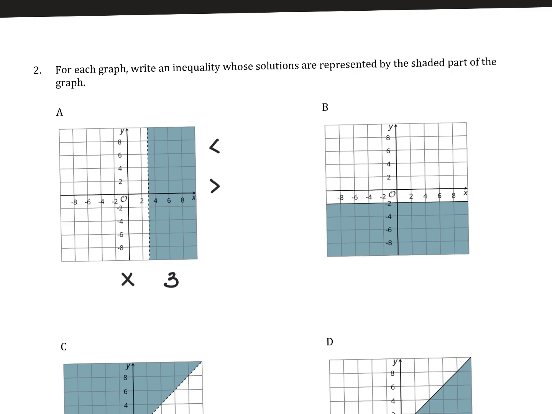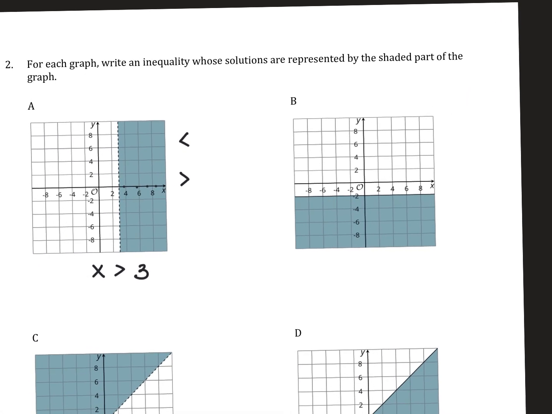There won't be an or equal to here because it's not a solid line. Now, is this less than or greater than? Well, the side that's colored in, these are all numbers that are greater than 3. So I know my inequality symbol here should be greater than.